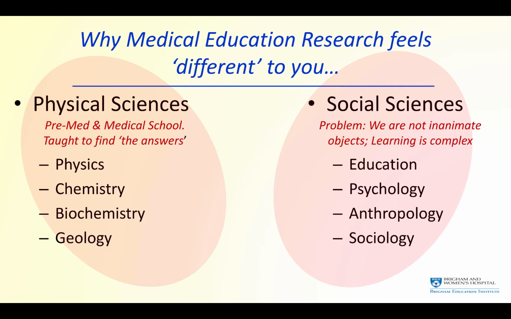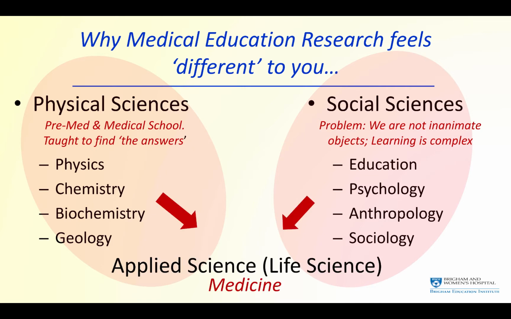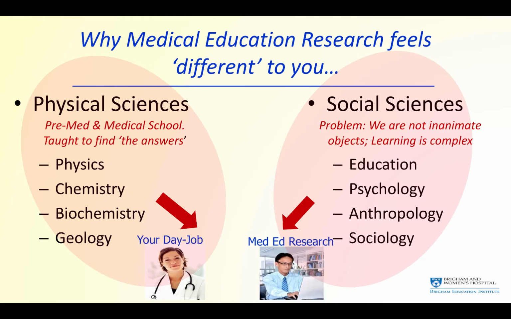And to even make this more complex, we would argue that medicine itself is an applied science or a life science. But the crux of it is this, that most of what we do day to day, treating patients, is grounded more in a mentality that embraces the physical sciences. But when we switch over to doing medical education research, we often are dealing more in a social science arena.